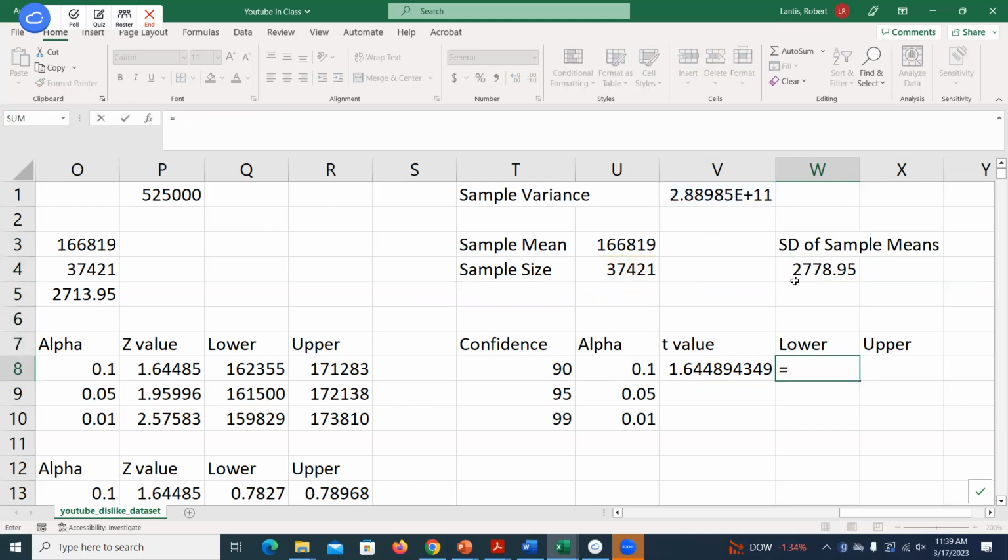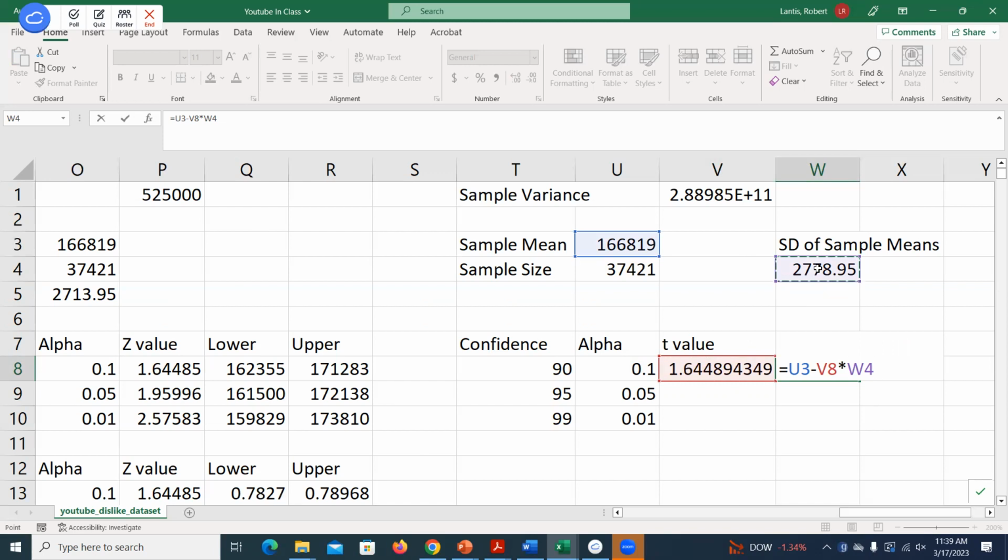Now when I'm building my lower bound, I take my sample mean and subtract this many standard deviations, that's the t value I'm using, multiplied by the standard deviation of my sample means. It's the exact same setup as what we did Wednesday, just using a t value instead of a z value.